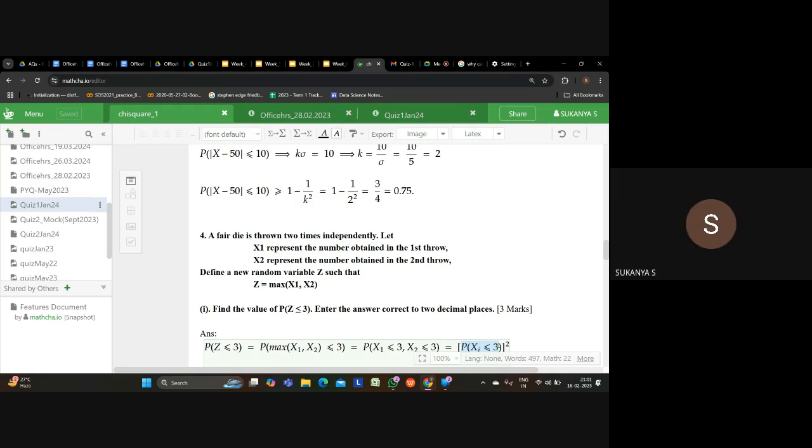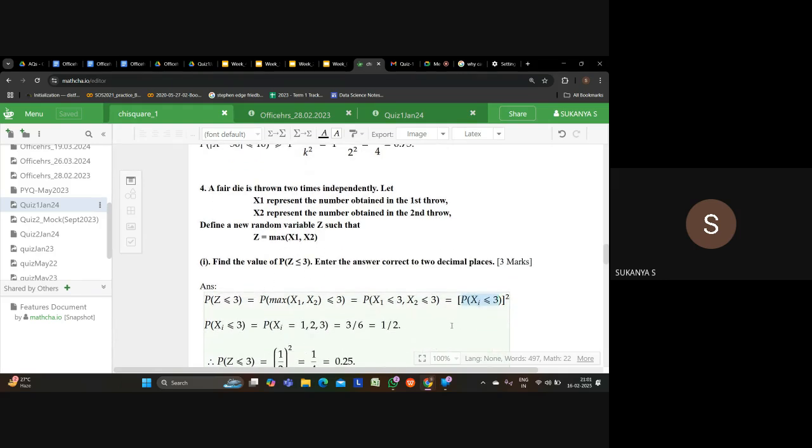And what are the total outcomes? Favorable upon total number of outcomes. 3 by 6 equals 1 by 2. Now, probability of z less than or equal to 3 is probability of xi less than or equal to 3, the whole square. So this is going to be equal to 1 by 2 the whole square, which is equal to 1 by 4.